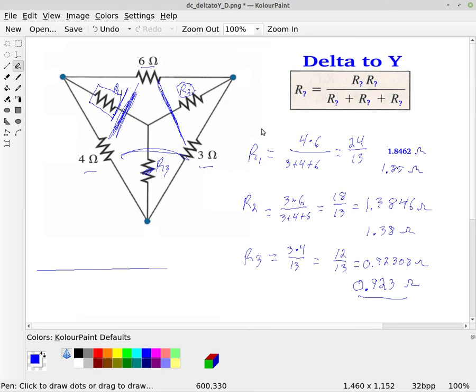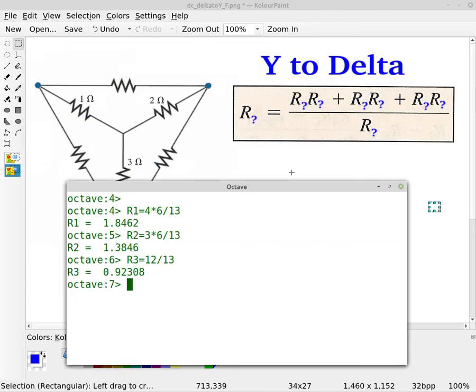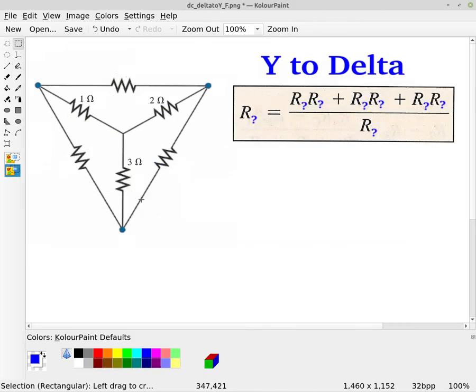So we just want to look at the physics there. Now, if we want to do the Y to delta, it's kind of the same thing.